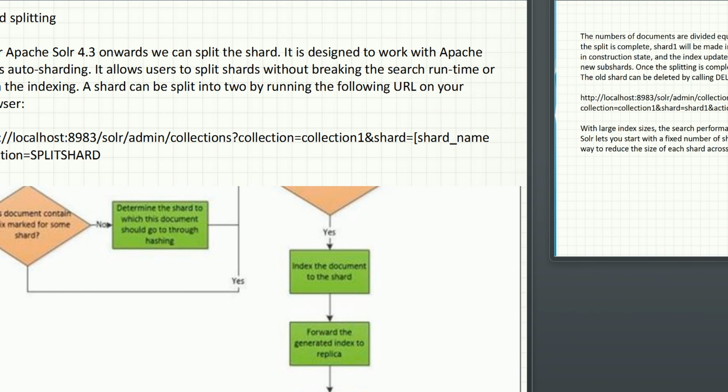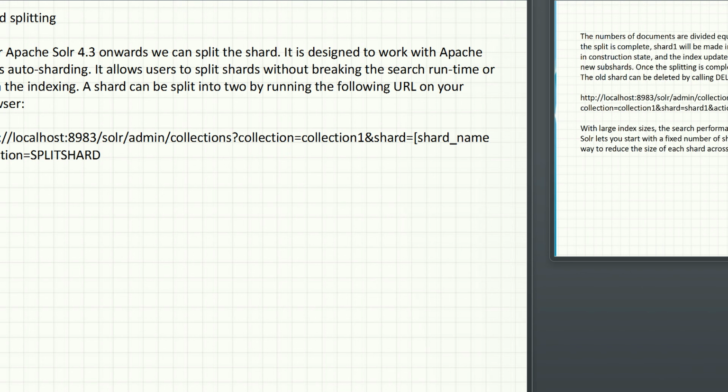So as I mentioned previously, after we define the number of shards, over time, when we keep adding documents to Solr, the shard size will grow, and we may need to split those shards into smaller shards to achieve more parallelism while executing the query.